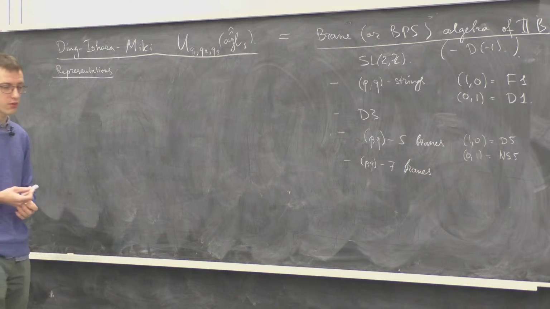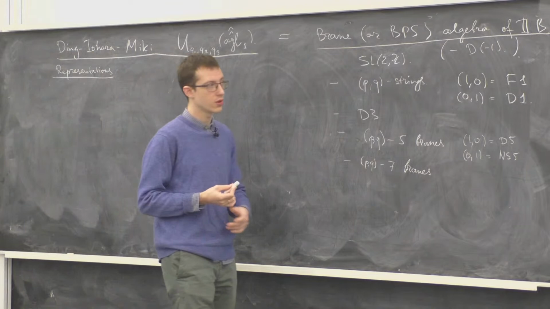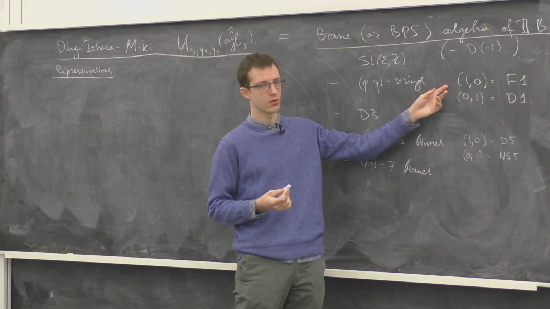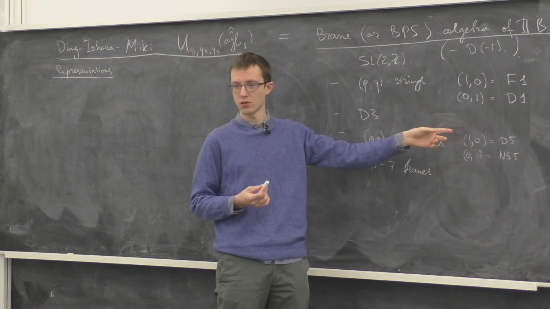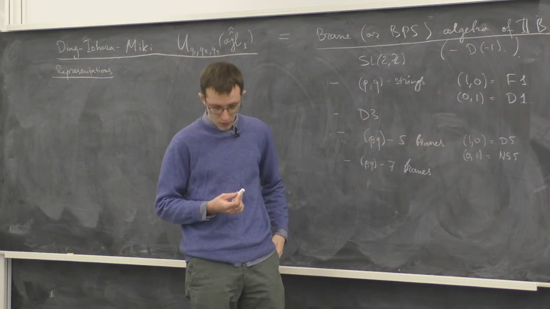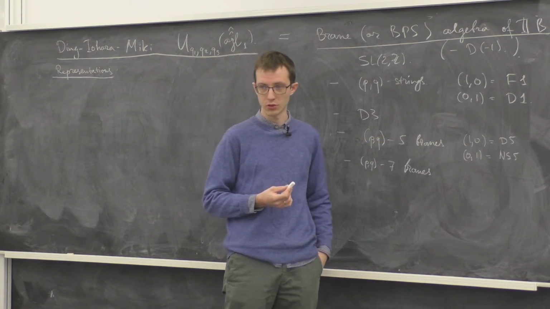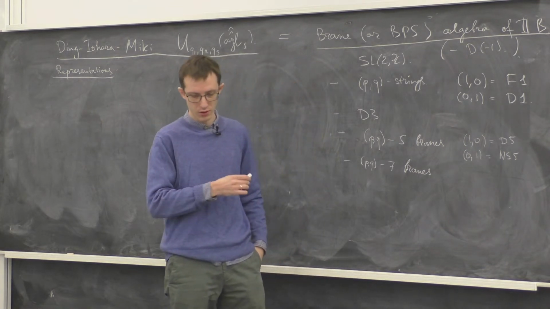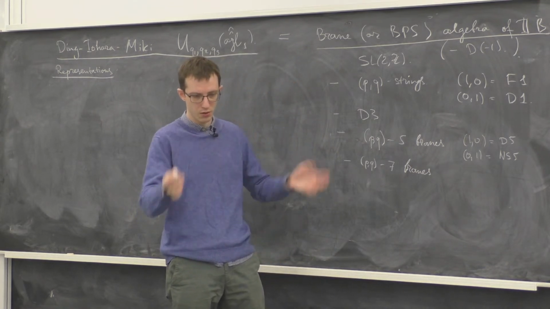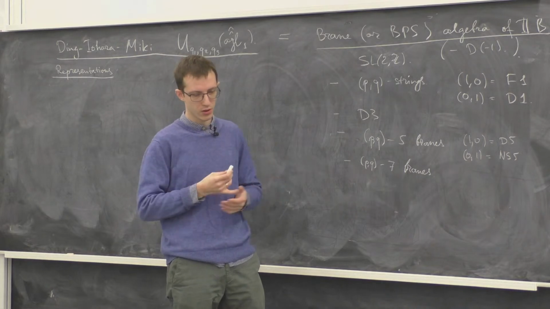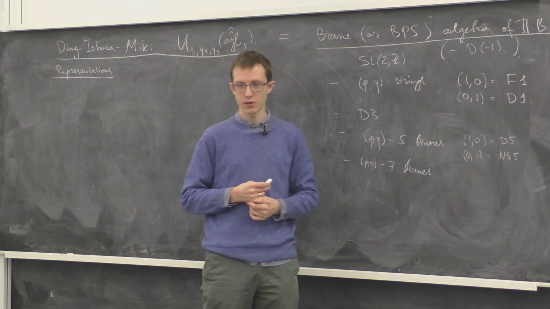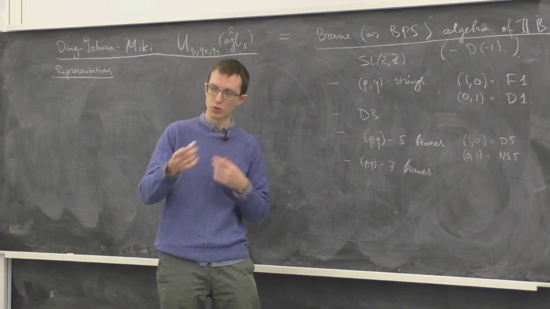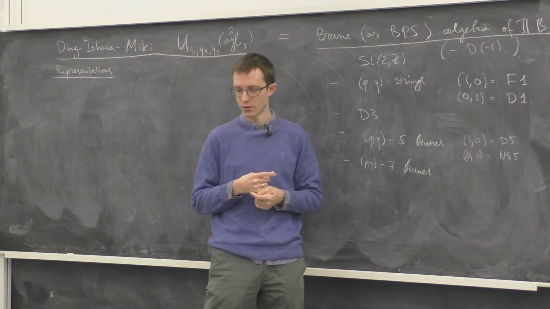So all D charges correspond to Ramond charges. There are corresponding Ramond forms, and you integrate them around the brane, and then you have the charge. With F1 and S5, you integrate the B field and the dual of the B field.